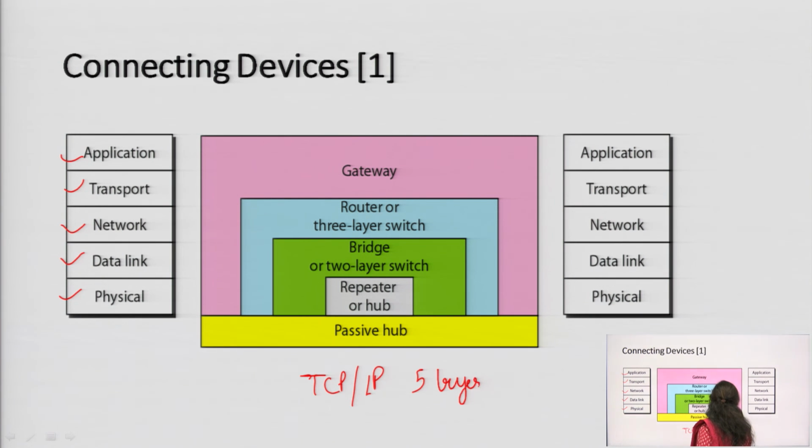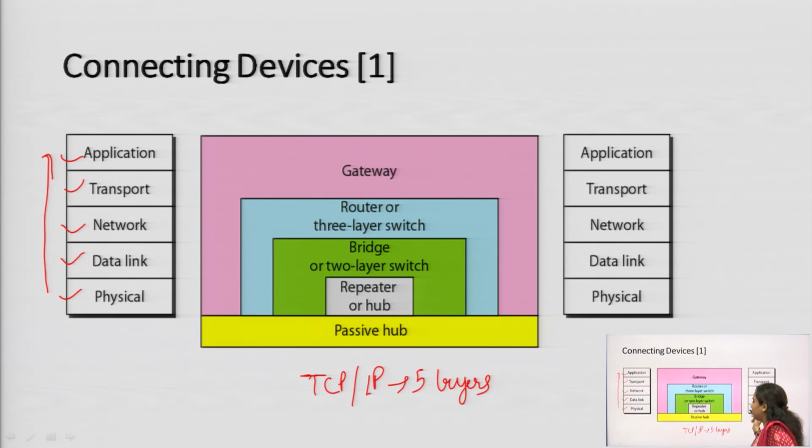What are those 5 layers? These 5 layers are physical layer, data link layer, network, transport and application layer. So, in this diagram we are going to see how this TCP/IP layer model is mapped to these connecting devices, like this is the passive hub, this is the repeater or hub, this is the bridge or 2 layer switch, then router or 3 layer switch and a gateway.